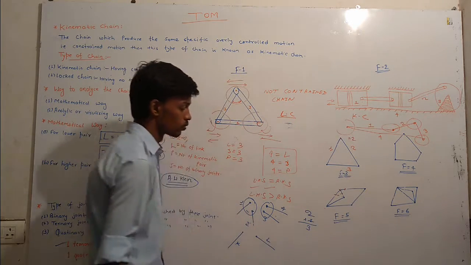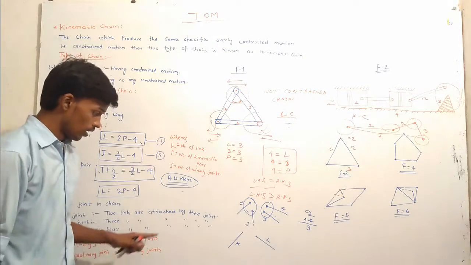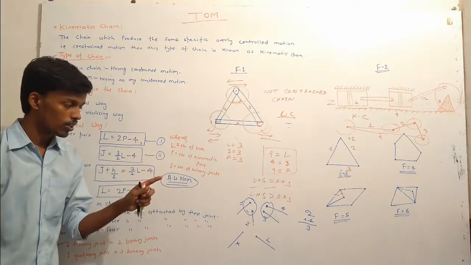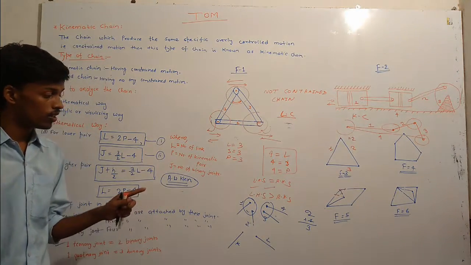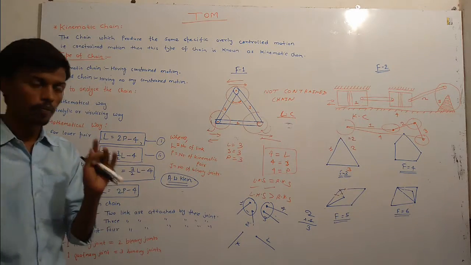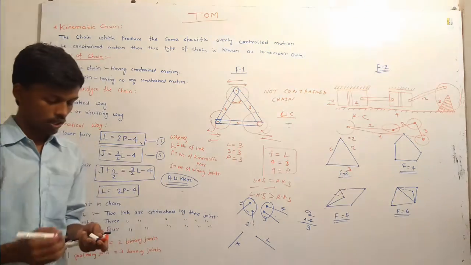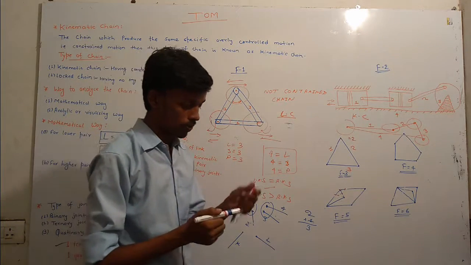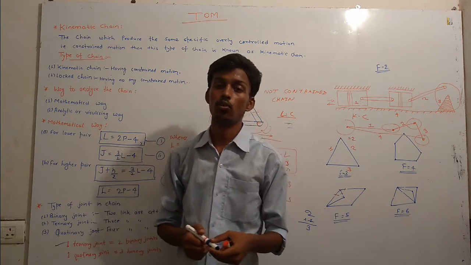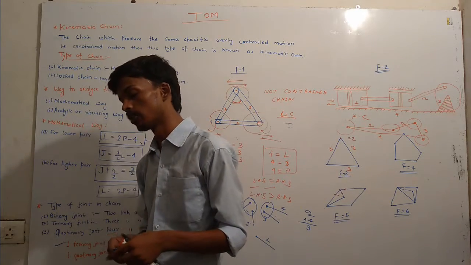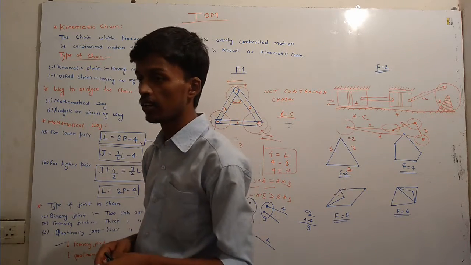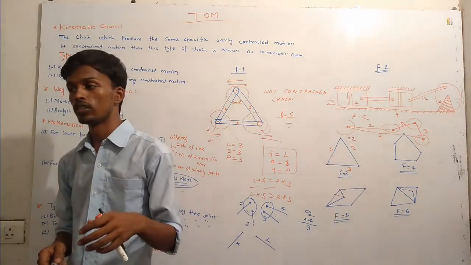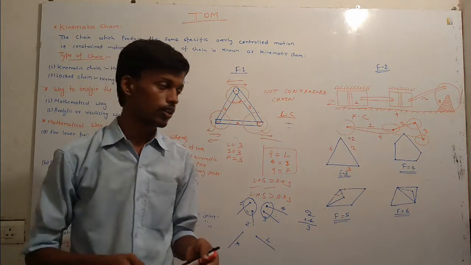So we can say that a quaternary joint can be replaced with 3 binary joints. So we are able to replace the ternary joint and quaternary joint by using some number of binary joints.